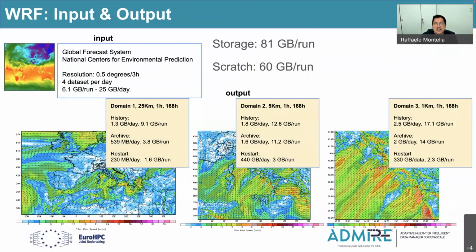This is a summing up of the input data. The size of the input data is about 25 gigabytes per day, while the output is about 81 gigabytes per simulated day.